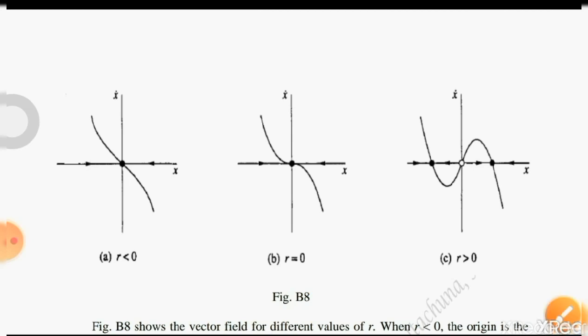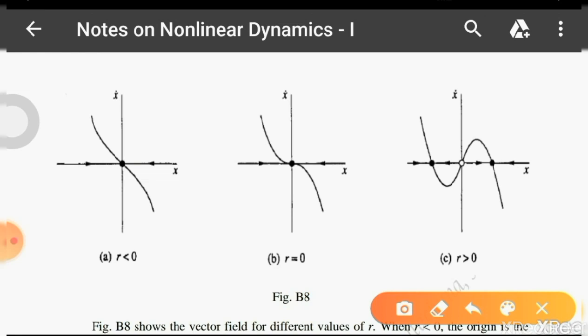As you can see in figure A, there is only one fixed point which is at x equal to 0. And here also in figure B there is only one fixed point. But when R is greater than 0, then there are three fixed points. One is at x equal to 0, and two others are at different values of x.